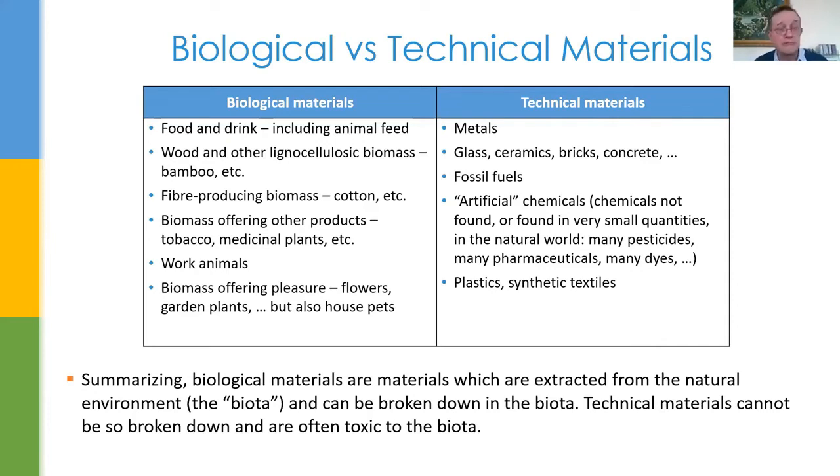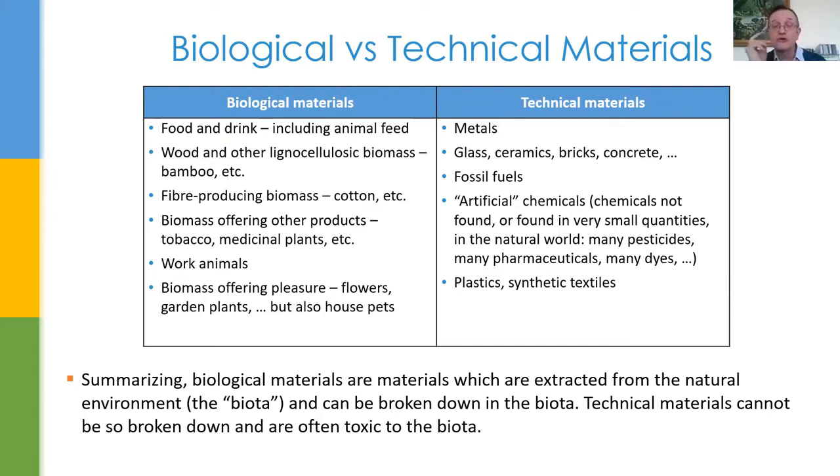And in many parts of the world still, work animals are an important part of our economies, oxen, buffalo, horses, mules, etc. Those too are biological materials and they form part of the biological flows in our societies and our economies. You can also add biomass which is offering us pleasure, flowers, gardens, plants, and also house pets. And then on the technical side, technical materials is basically metals, glass, ceramics, bricks, concrete.